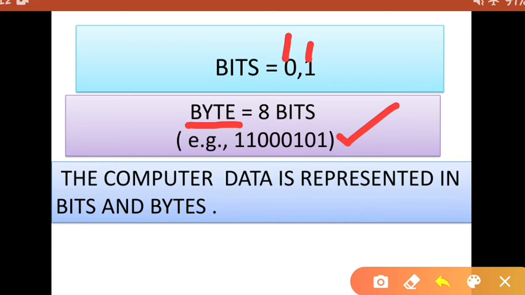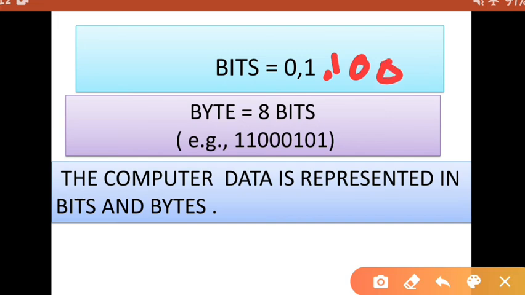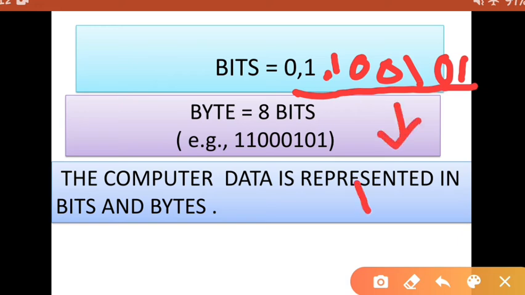Suppose we take an example like this: 0 1 0 0 1 0 and 1. So these are all 8 digits. You can see here 1 2 3 4 5 6 7 8. So it is 1 byte.